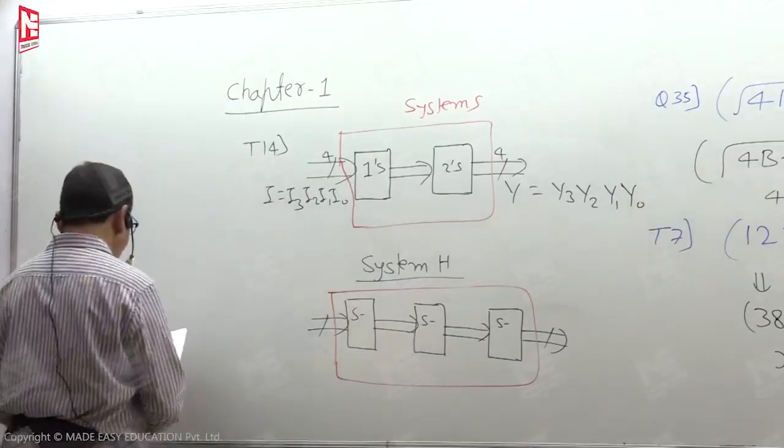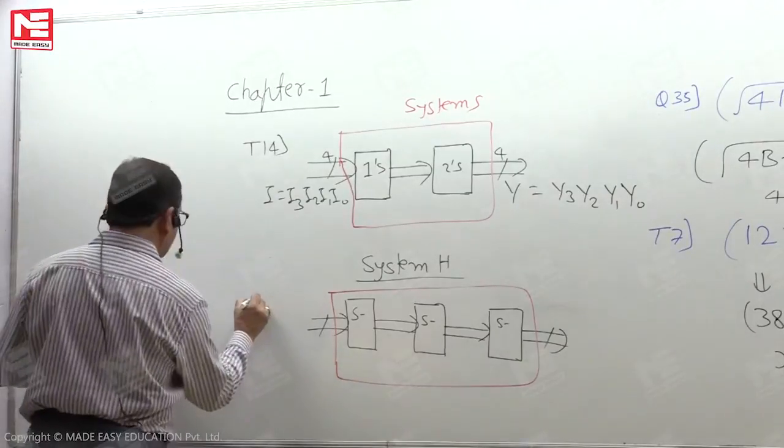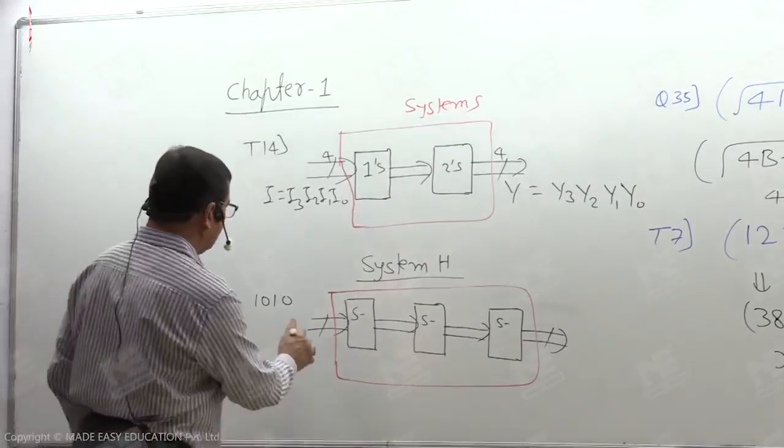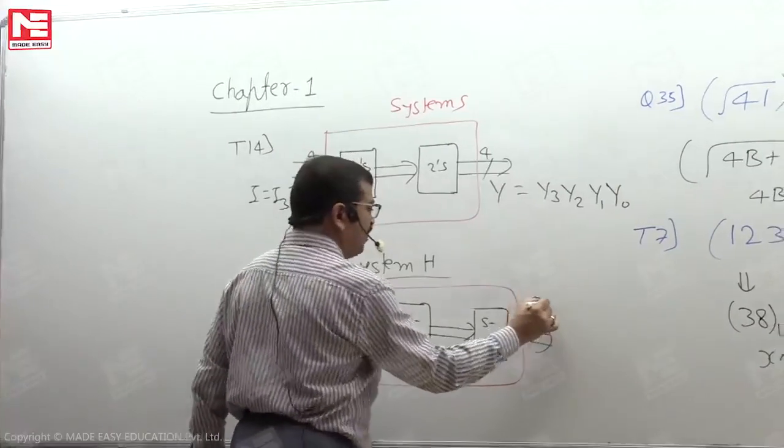The question is, when the number 1010 is fed as the input, what is the output?